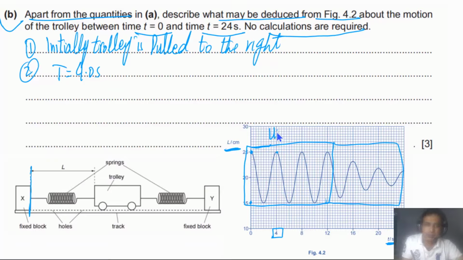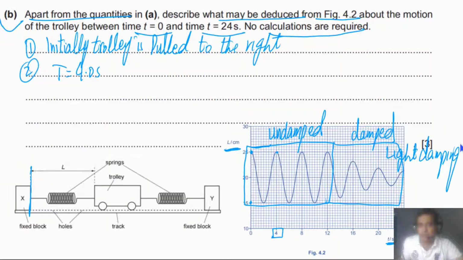So this is undamped motion and this one is damped. But this damping is light, because the amplitude is decreasing exponentially and gradually. So we can say light damping.